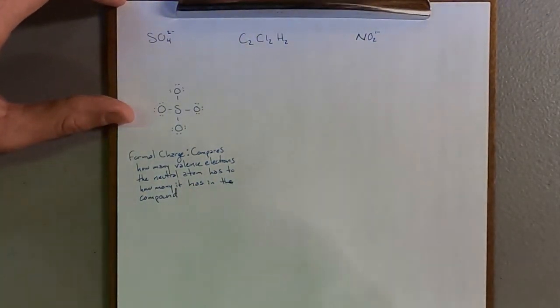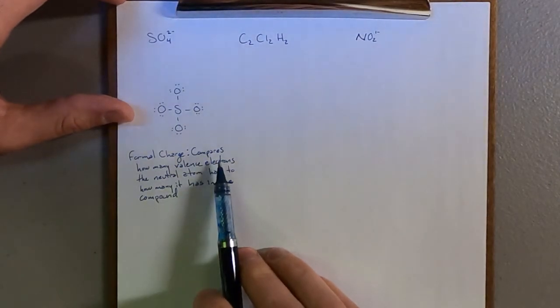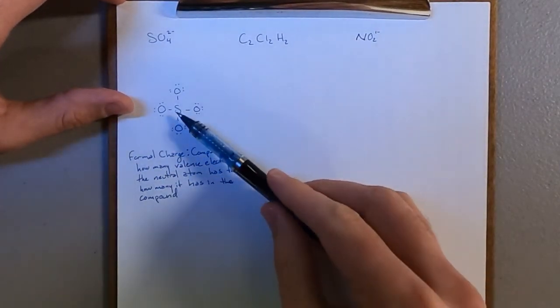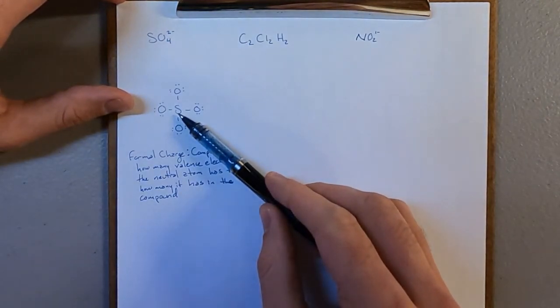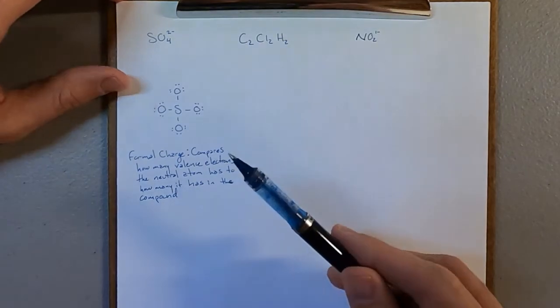Now what formal charge is, it's a comparison between how many electrons that an atom brought to this compound or ion compared to how many it now has.